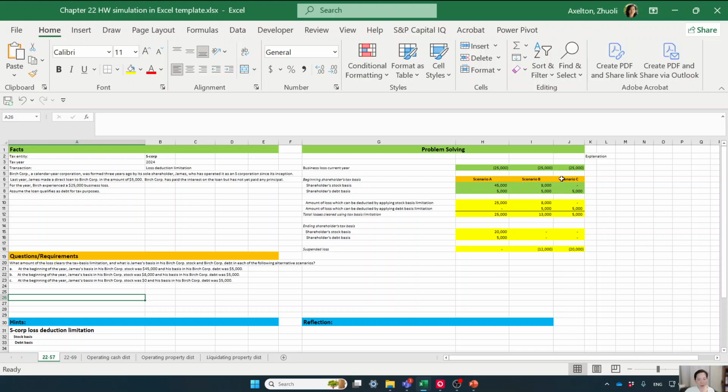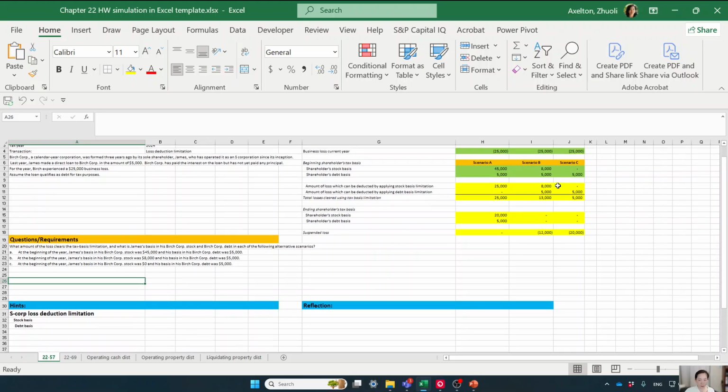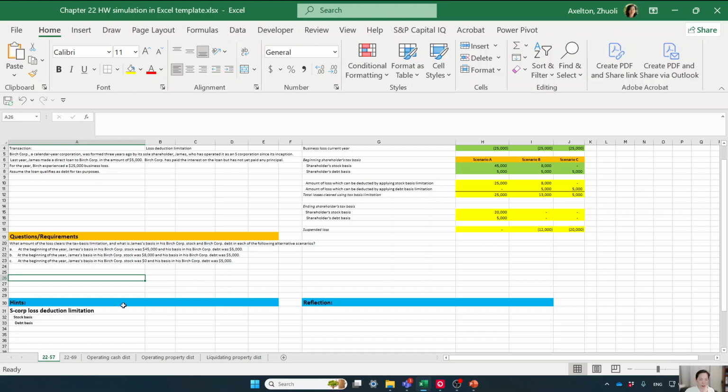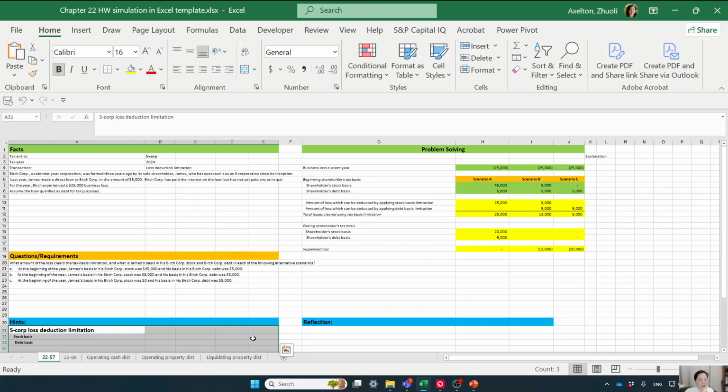I already did the calculation for you. The question for you is to read the rules and lay out, expand on what the loss deduction limitation rules are overall, not only the basis limitation. The hint here is really for you to have a good understanding or overview of the loss limitation rules regarding S Corp.